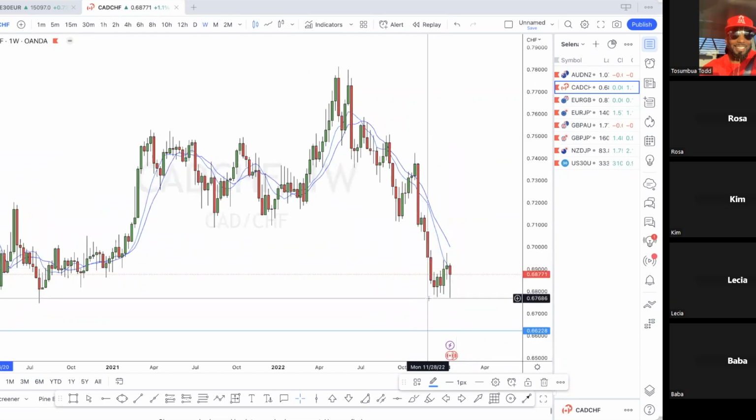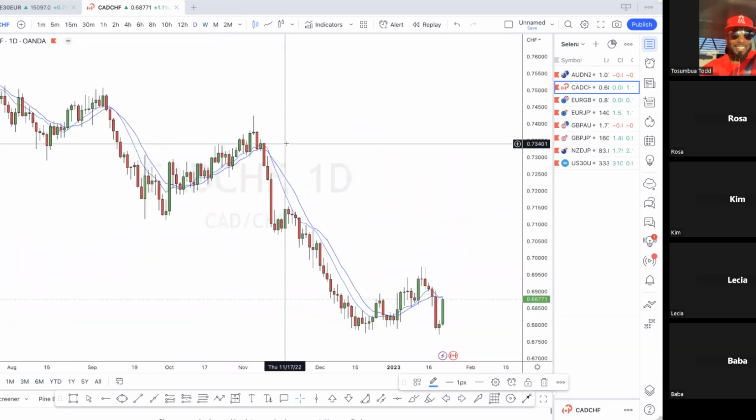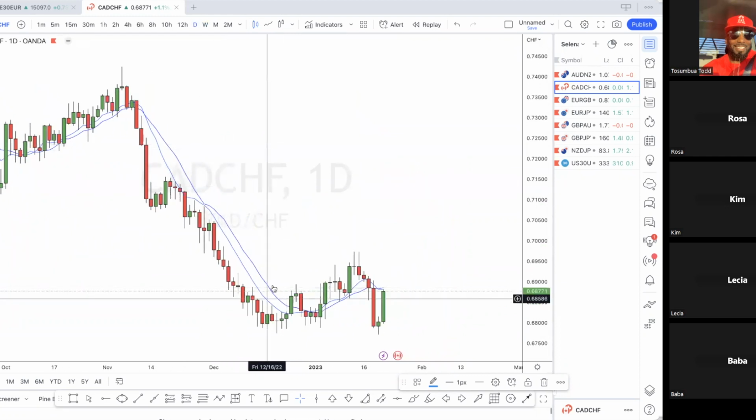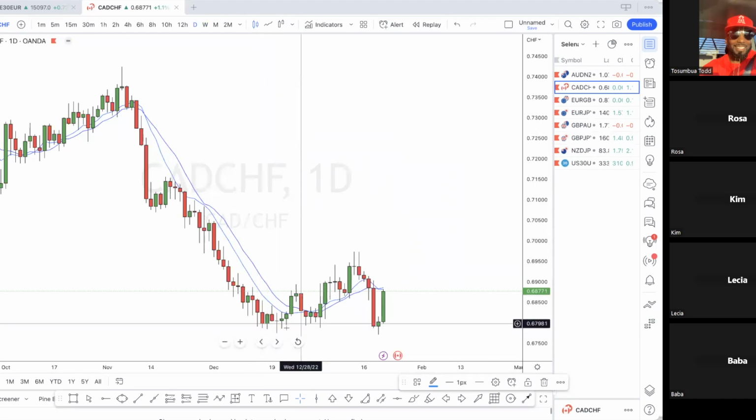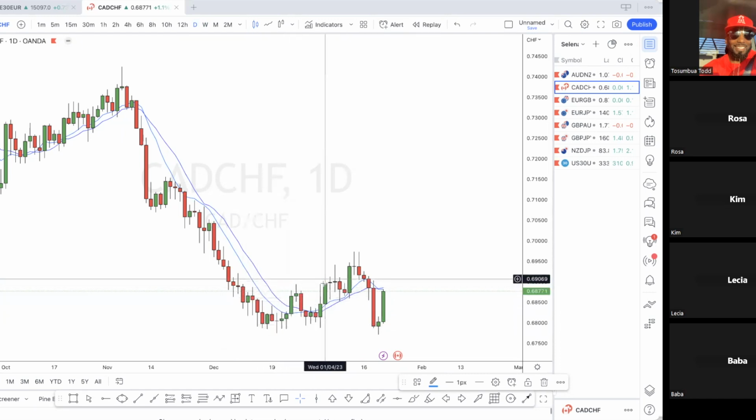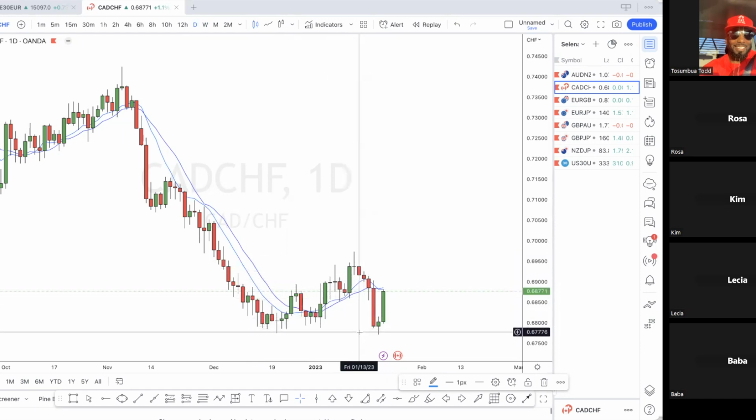But I feel like it swept these lows right here. So let me go to the daily. Yeah, so it was creating higher highs, higher lows, pulled back, swept these lows, and then made a shift to the upside.